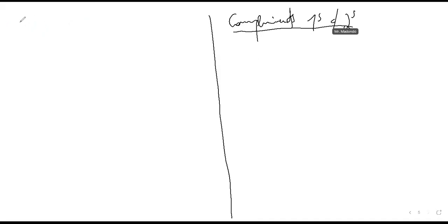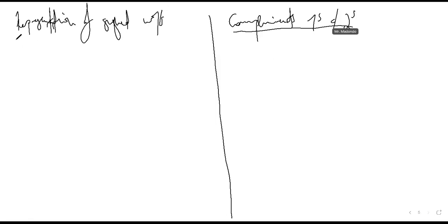But we start with representation of signed numbers. When you talk of signed numbers, we are talking of the plus ones and the negative ones. There are three ways of representing signed numbers.